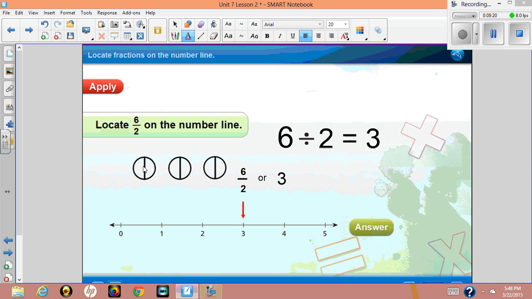In fact, if you look at 6 divided by 2, it appears that we have 3 wholes. So here is 1 that's divided into 2 parts. Here is 2 that's divided into 2 parts. And here is 3 that is divided into 2 parts. So our answer is not between 0 and 1, but it is greater than 1 whole. It is 3 wholes.